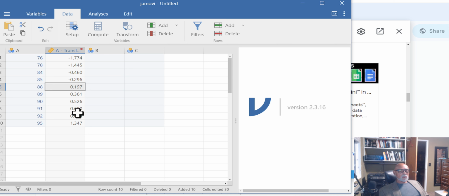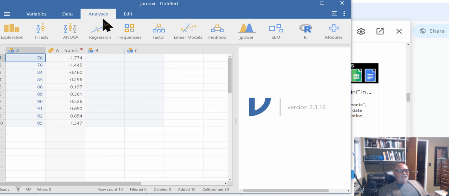And then as we move toward higher values, the z-scores get larger. And what we know is that about 68% of the cases fall within one standard deviation above and below the mean.